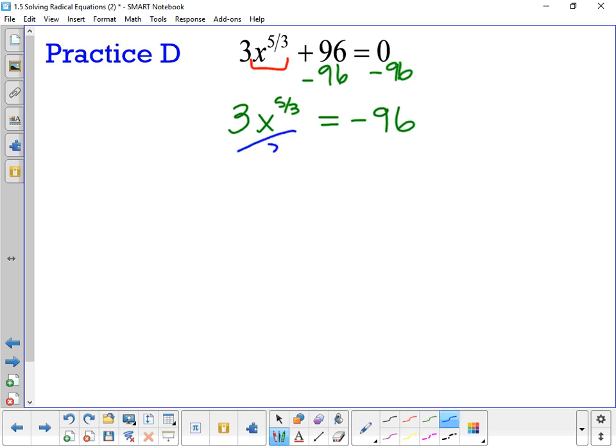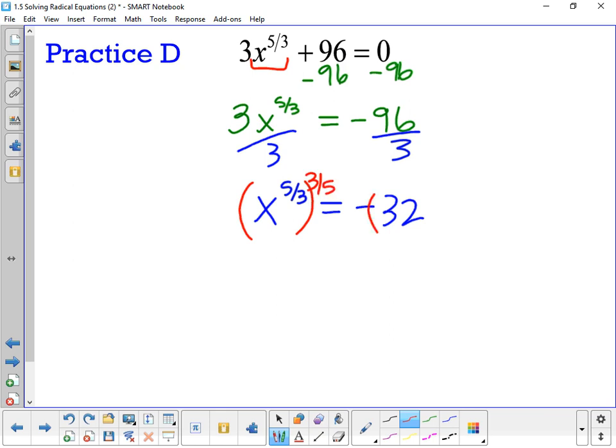And then we can divide by 3. So we have x to the 5/3 is equal to negative 32. And then to undo this power 5/3, we're going to raise it to the power 3/5.